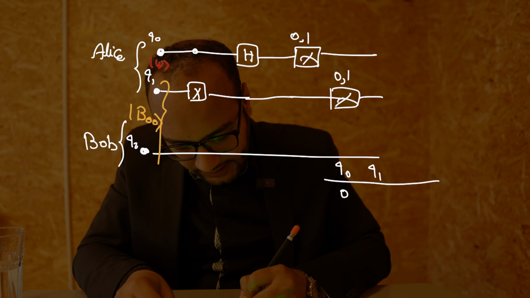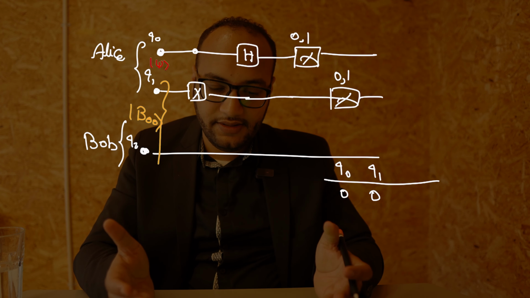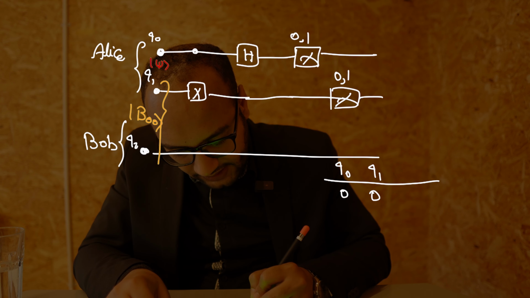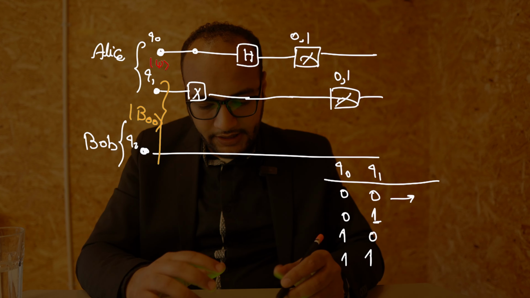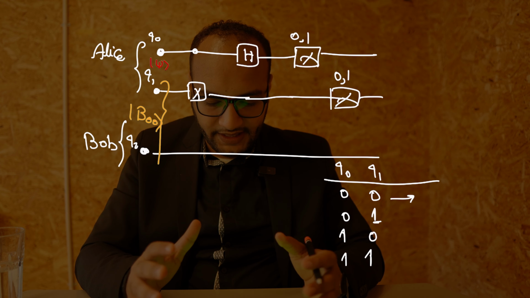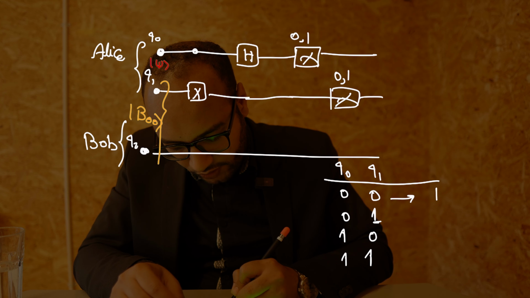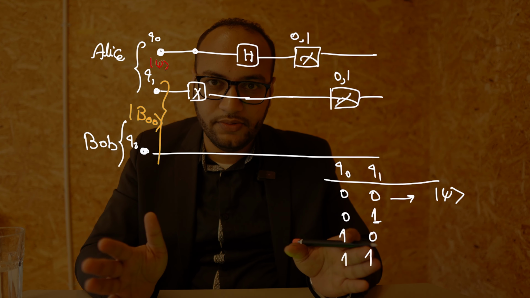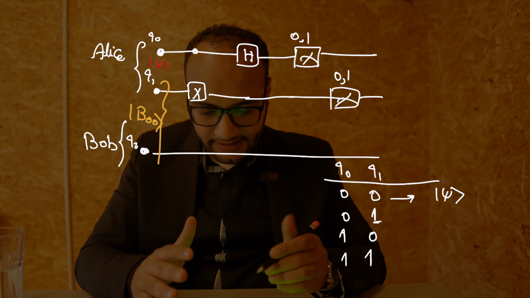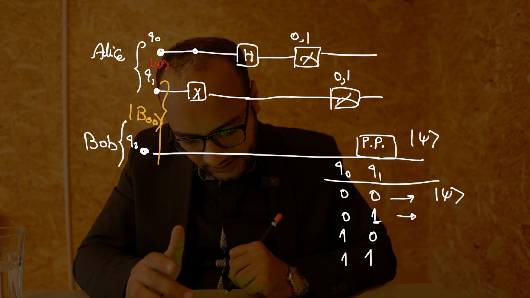She can tell him that the 2 qubits, when measured, are in state 00, or could be in state 01 or 10 or 11. Now, if she informs him that she found the 2 qubits in state 00, Bob has already received the state psi, so he has nothing to do basically.